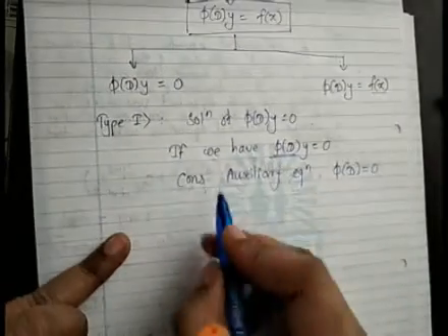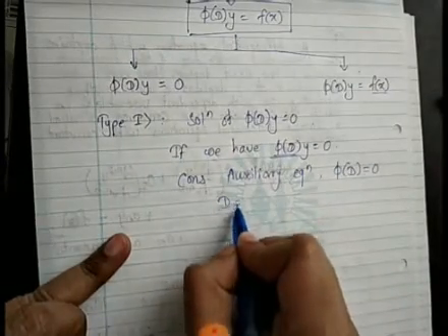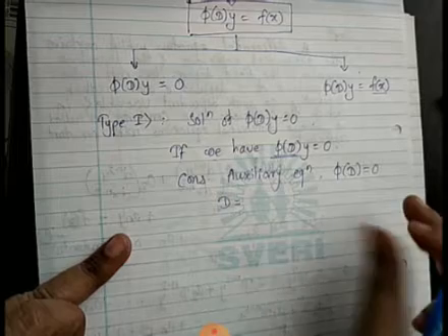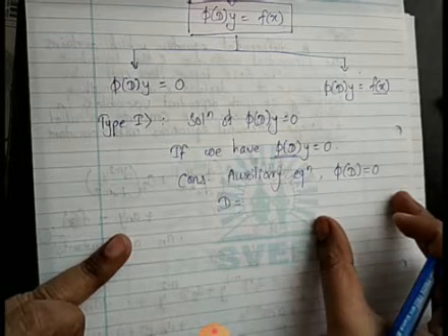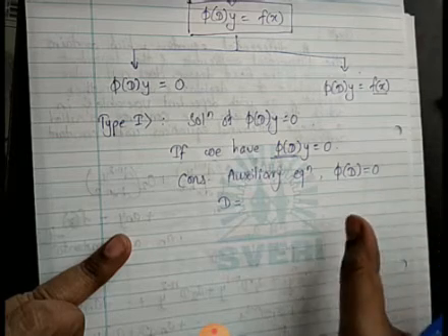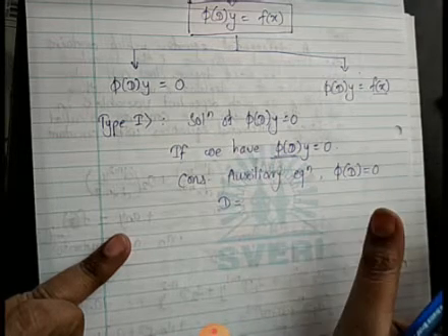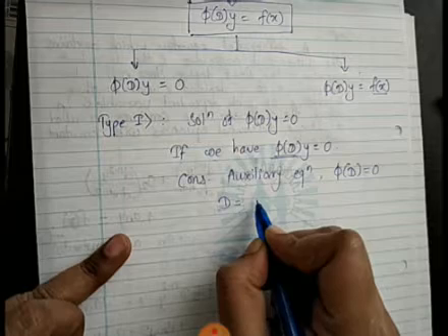Then find the values of D, which are called roots, as we did yesterday. Second degree, third degree, fourth degree, any type of polynomial we can solve, right? So find out the roots.